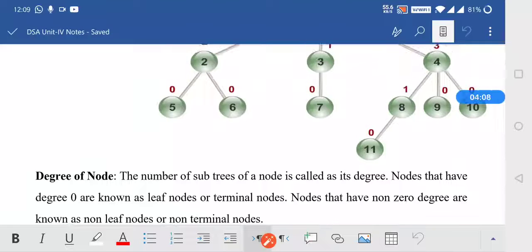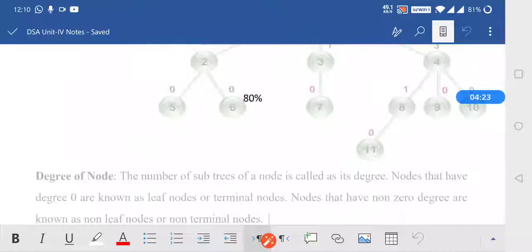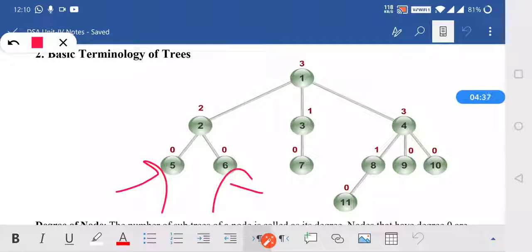Now we can see these 5, 6, 7, they do not have any subtree beyond them or under them. That's why they have degree 0. So we can see that they have degree 0. In 2, two subtrees are connected, that is 5 and 6, so its degree is 2.